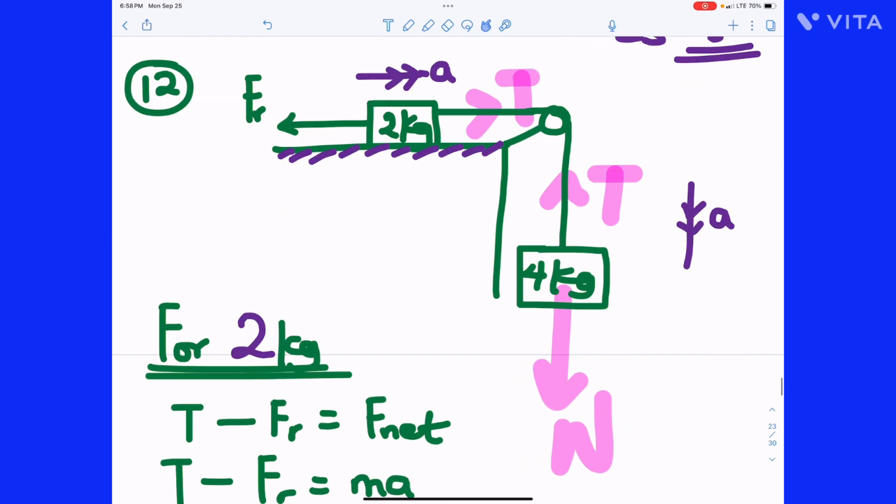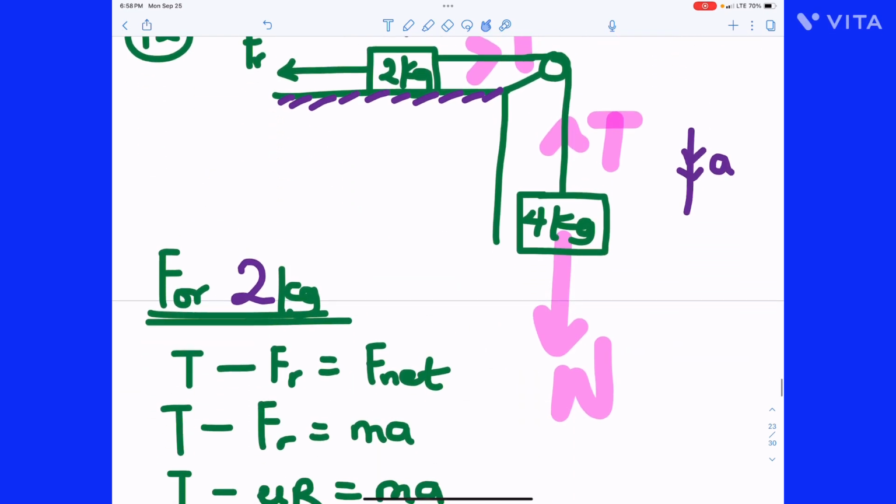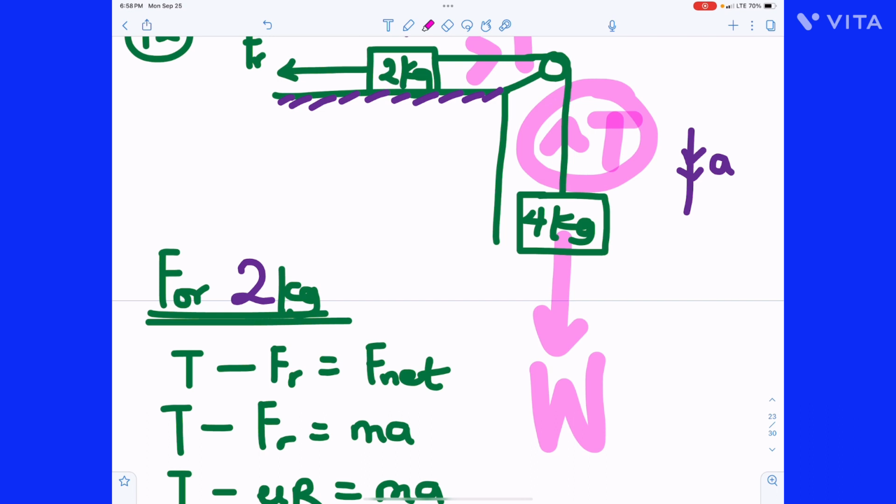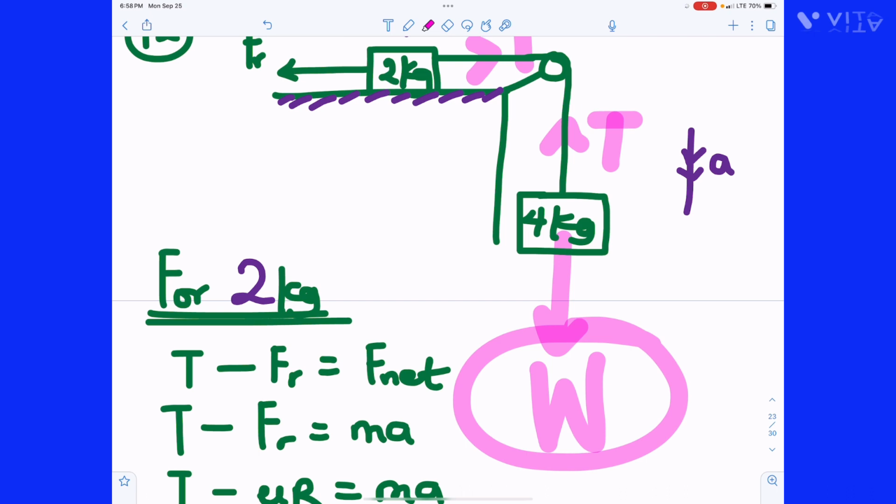Let's now go to the 4 kg mass. Because the system moves downwards, it means the weight of the 4 kg mass overcame the tension in the string. So the net force acting on this 4 kg mass is W minus T, the weight of the mass minus the tension pulling it upwards.